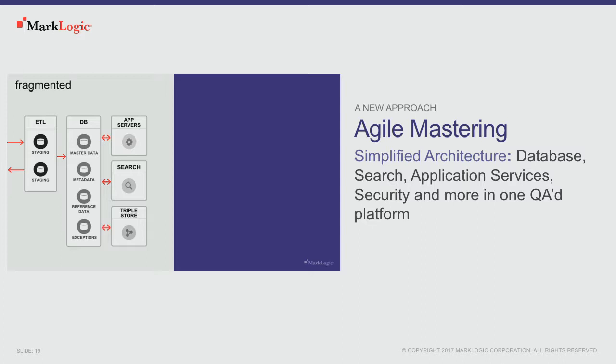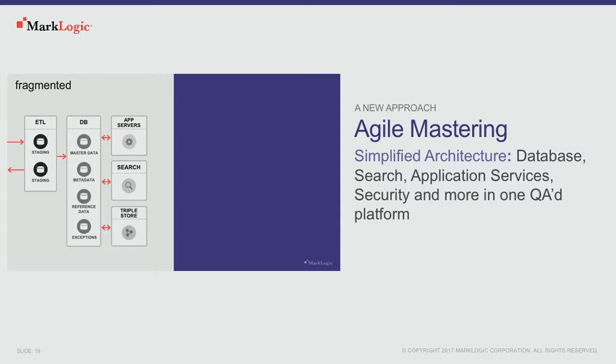So this is kind of important because MDM and data governance go hand in hand. So if you're losing data, you're kind of not achieving your goal. So Agile Mastering takes place in an operational data hub.